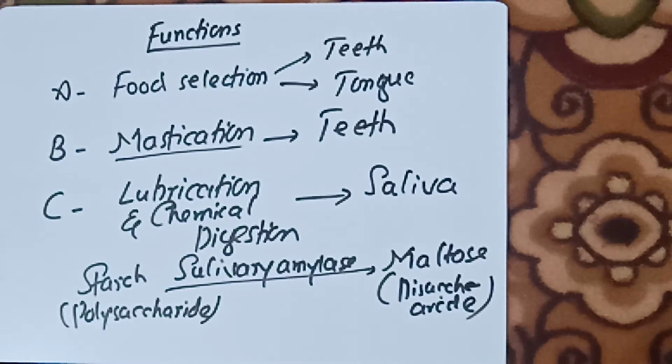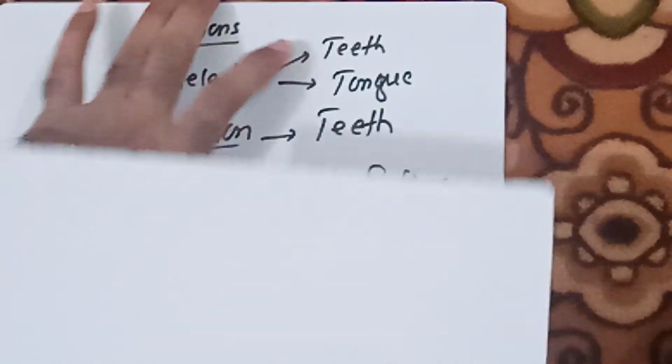So what does it mean? It means that the digestion taking place inside the mouth cavity is mechanical as well as chemical. Both mechanical and chemical digestion take place inside the mouth cavity.